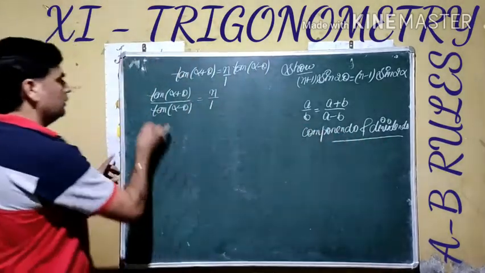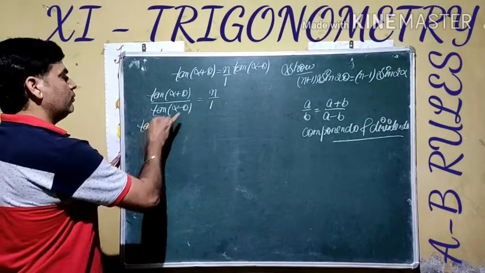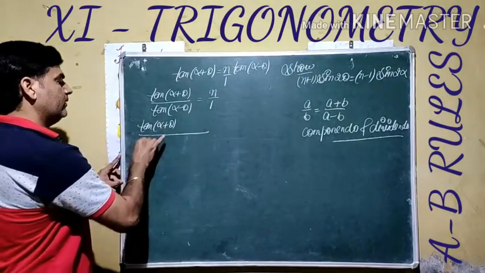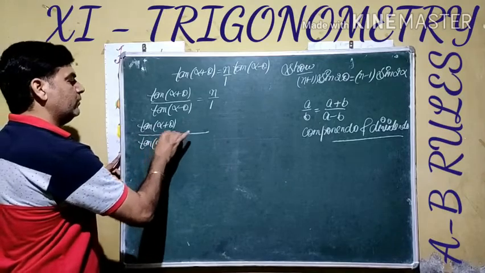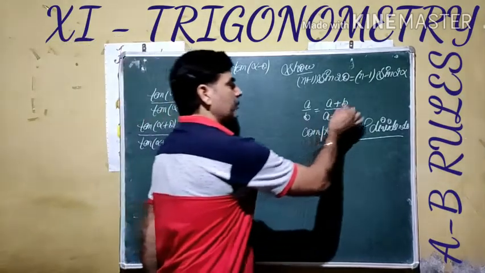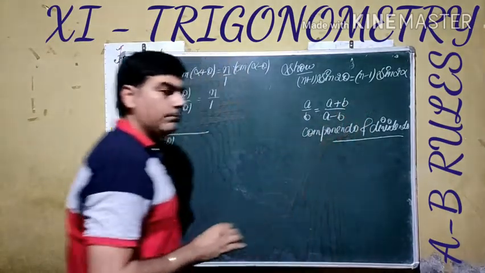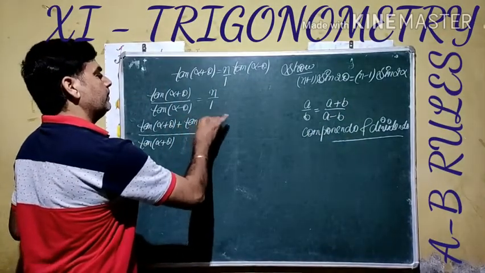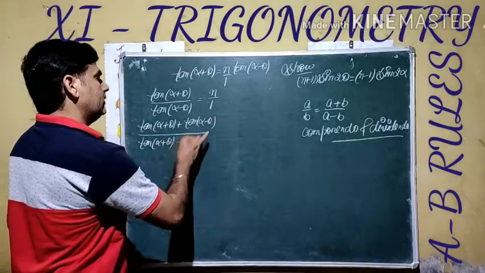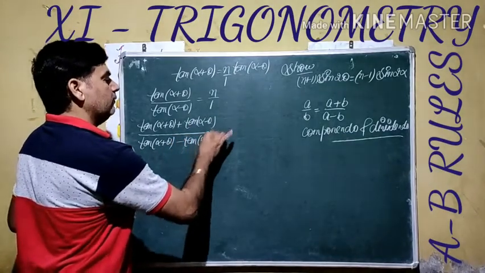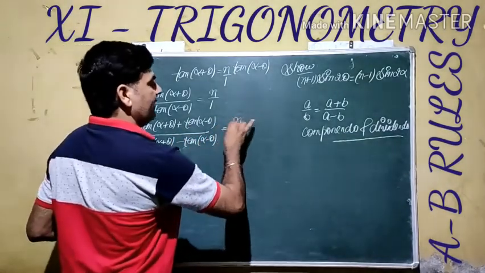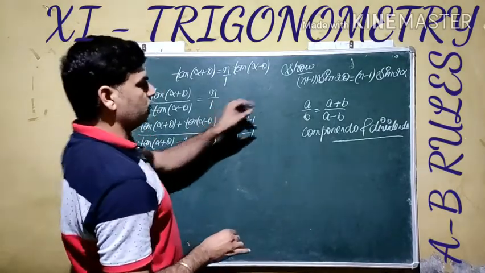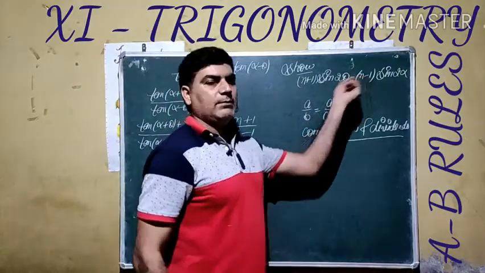According to this rule, the numerator value remains the same, and the denominator in the numerator becomes plus, in the denominator becomes minus. So plus tan(alpha minus theta), minus tan(alpha minus theta). On the right hand side, the numerator remains as is, one added, one subtracted. It means we get these two terms, and plus 1 and minus 1.